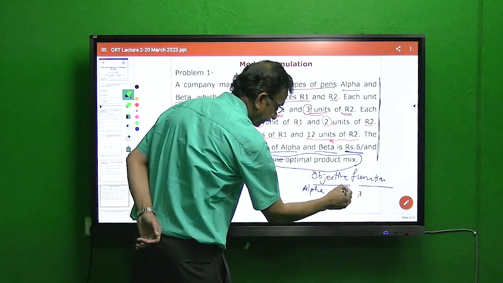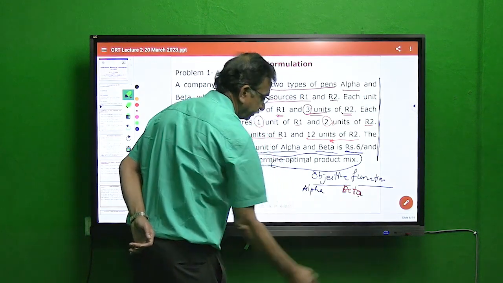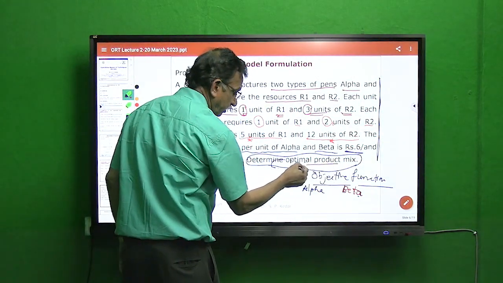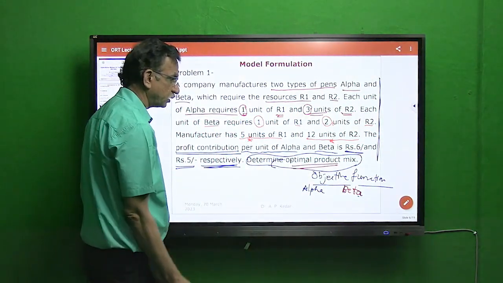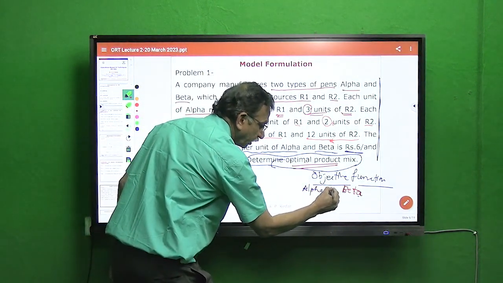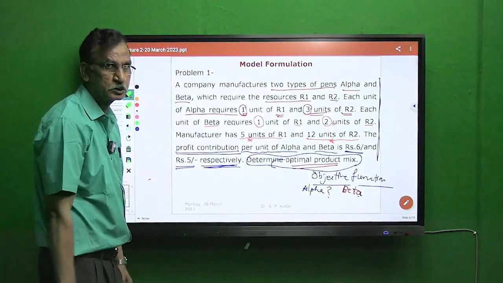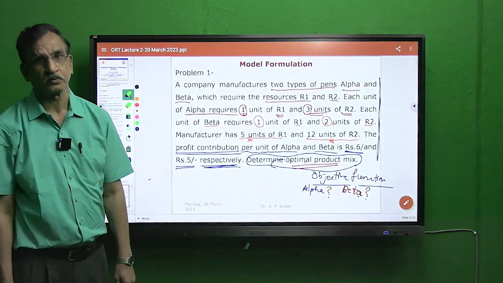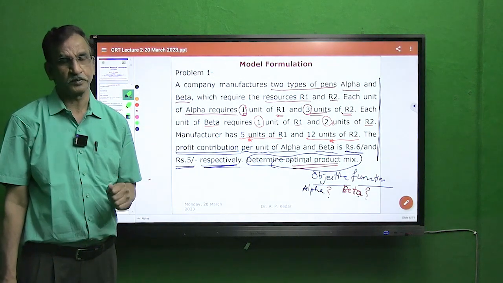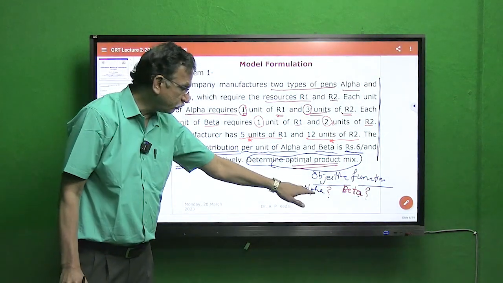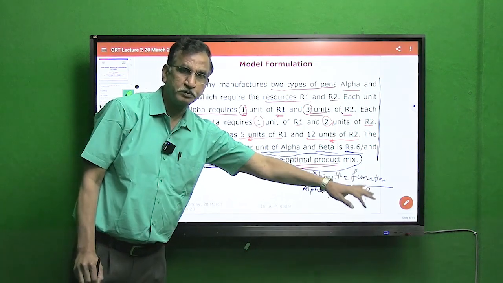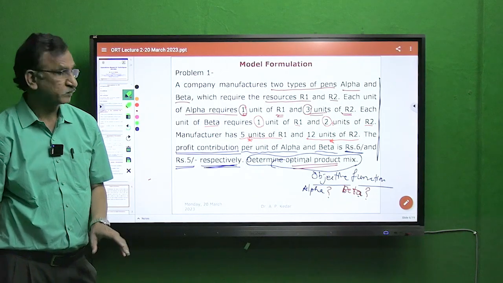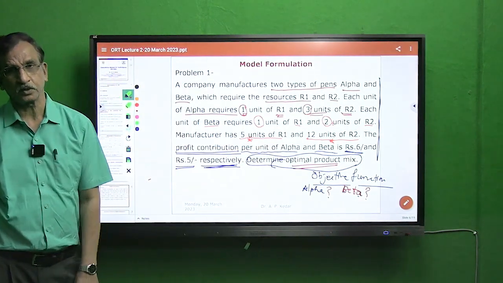Alpha pen and beta pen, 2 pens, and I have to decide the optimal product mix. The meaning of this optimal product mix is how much of alpha I should produce, how much of beta I should produce, from the logic of operations research. I have to decide how many alpha pens to be produced, how many beta pens to be produced. How much quantity, that is nothing but determining the optimal product mix.